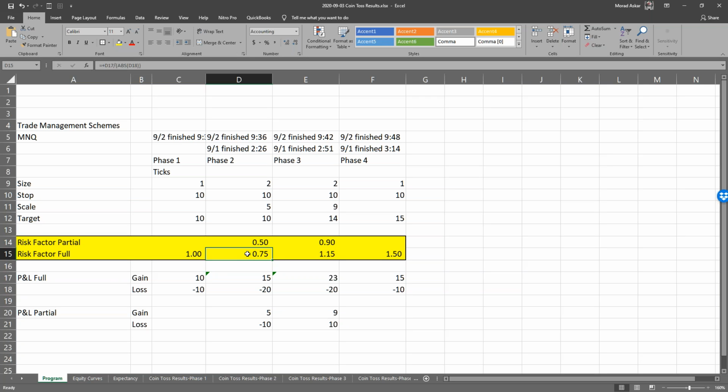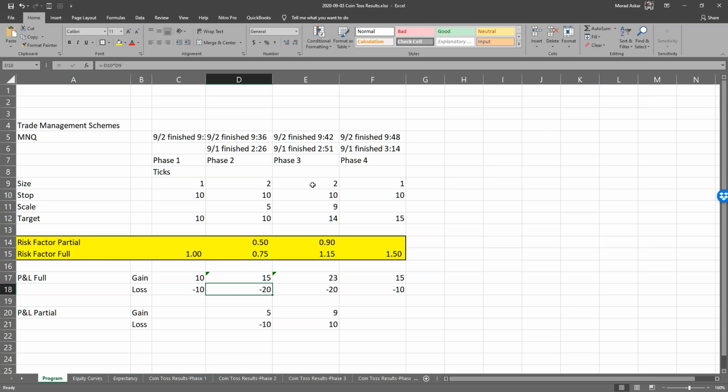And if we get a scale out and a target, we get a 0.75R, because ultimately we can only make 15 ticks, but we're still risking 20 ticks, 2 times 10 on a full stop. And we're always looking at the risk factor for the full stop on the whole trade.